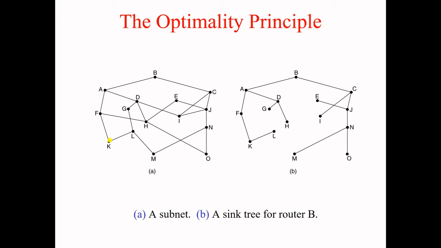So here the sink tree is made for router B, because B is the destination in any case. Okay.